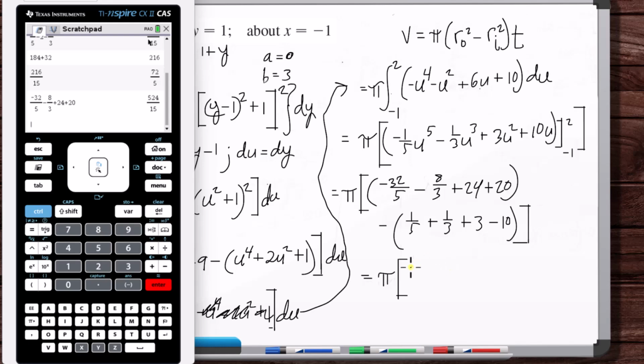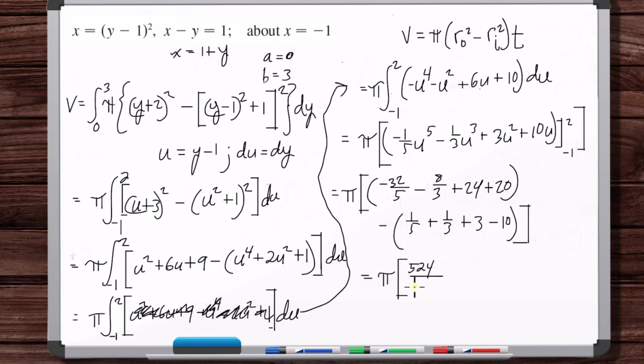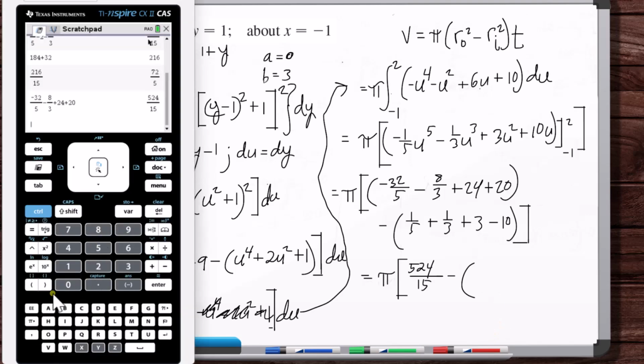524 over 15. Minus 1/5 plus 1/3 plus 3 minus 10.